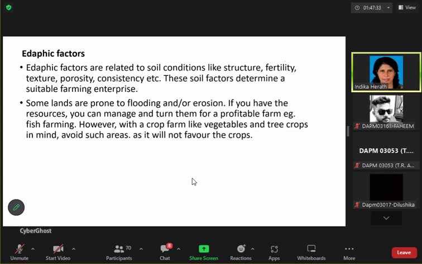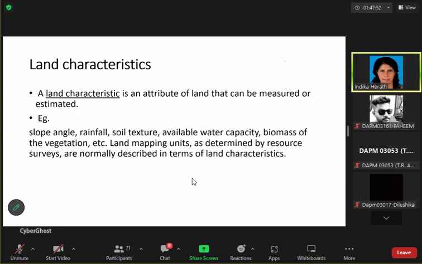So therefore, we need to consider whether they are prone to leaching, and the crops also need to be considered carefully, depending on the soil conditions, right? And land characteristics, so attributes of land.